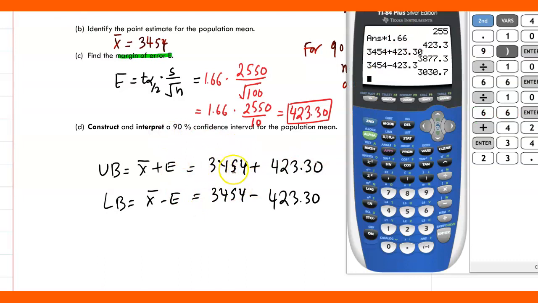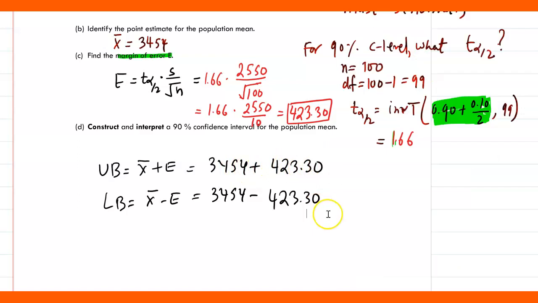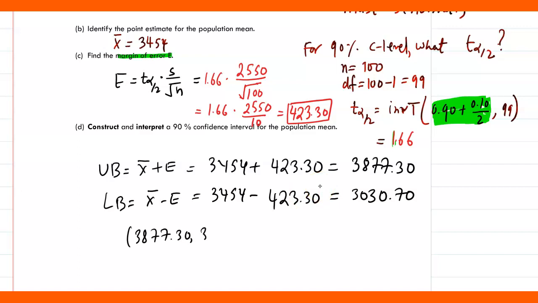If you add 3454 plus 423.30, you get 3877.30, and if you subtract these two numbers, you get 3030.70. Therefore the confidence interval for the population mean is 3877.30 comma 3030.70. Okay, that's one answer.